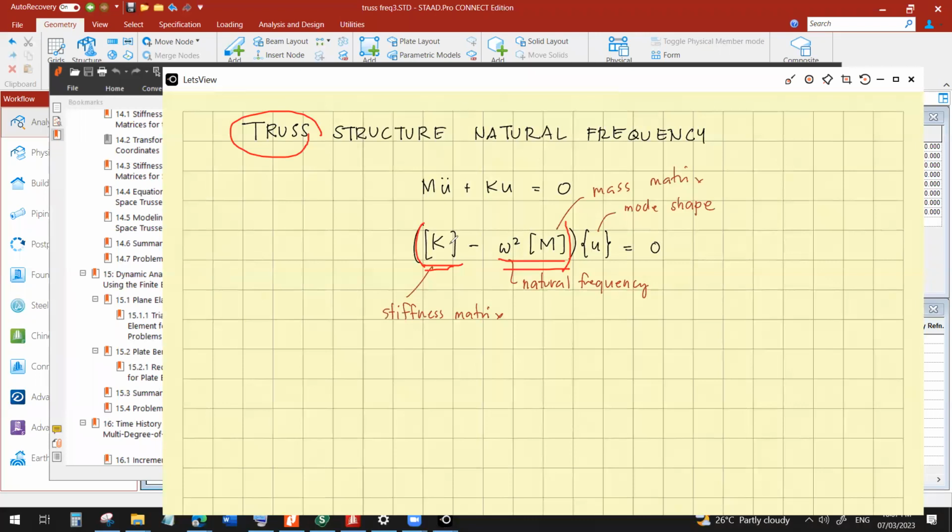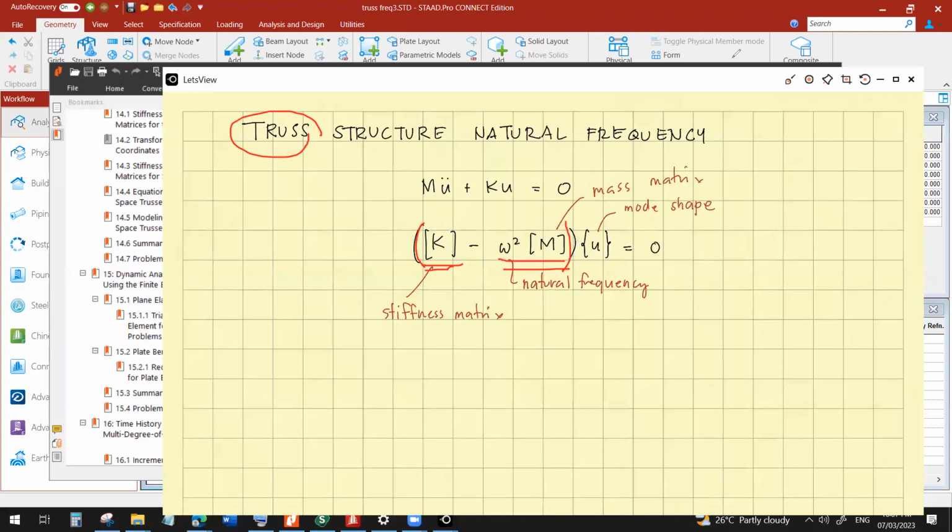And so we need these two matrices in order to solve the natural frequency. Okay. We already have our function using SMAT to do an eigenvalue analysis, so we'll just input this stiffness and mass matrix.